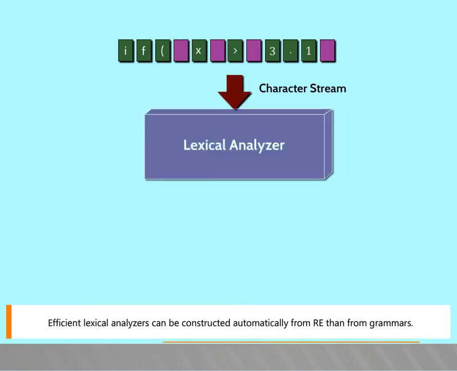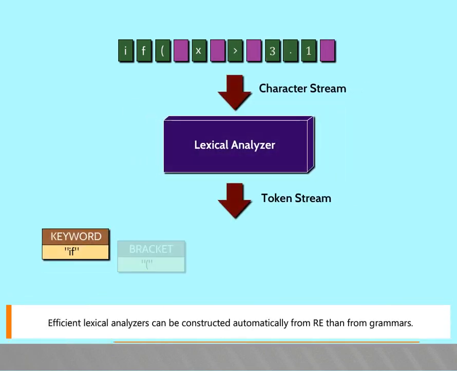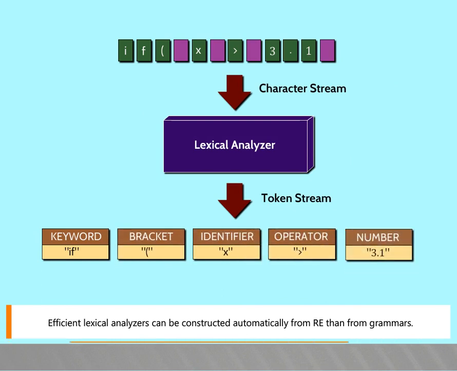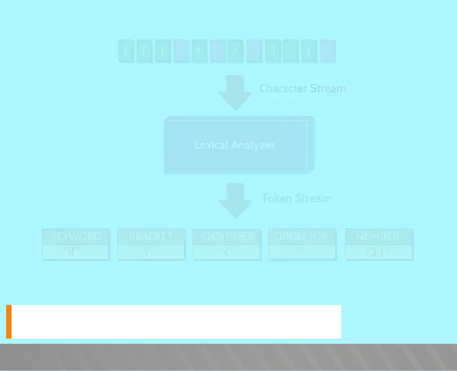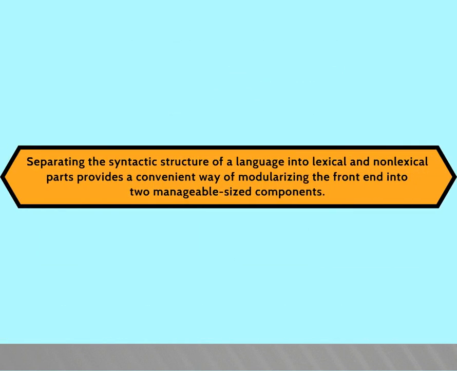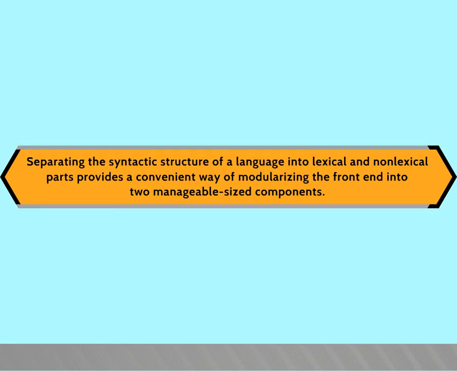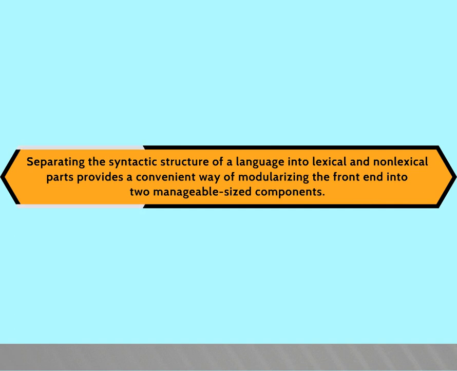Efficient lexical analyzers can be constructed automatically from RE than from grammars. Separating the syntactic structure of a language into lexical and non-lexical parts provides a convenient way of modularizing the front end into 2 manageable sized components.